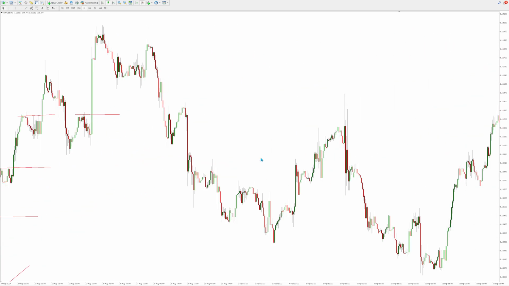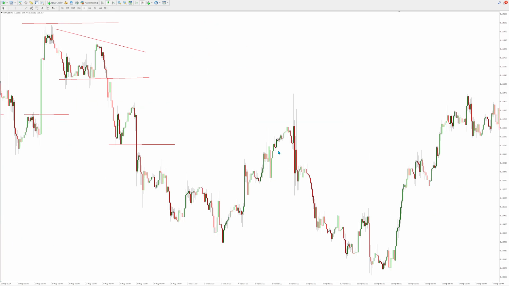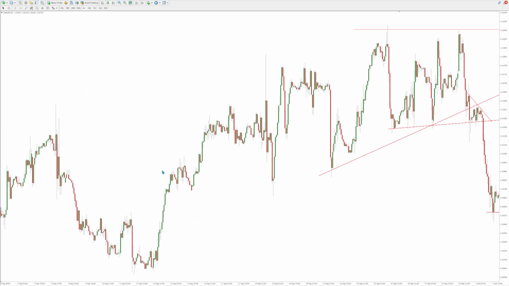Just as I can see here, resistance, lower highs, support, breakout of support, support becomes resistance, pullback, breakout, trade there, trade there. There's always opportunities.